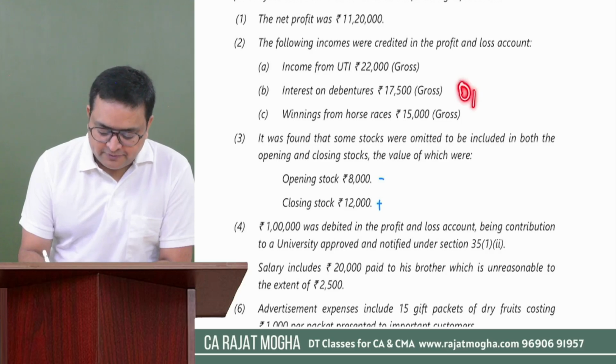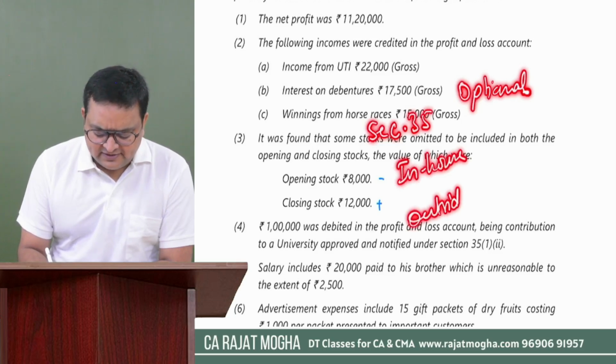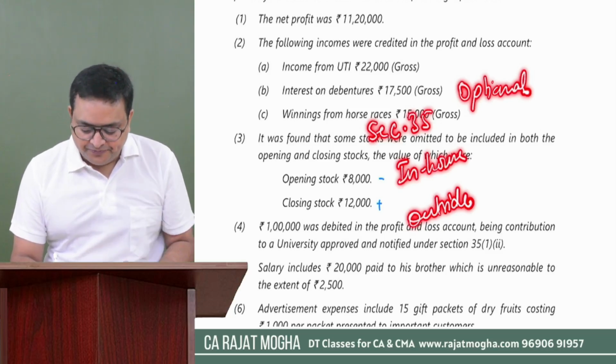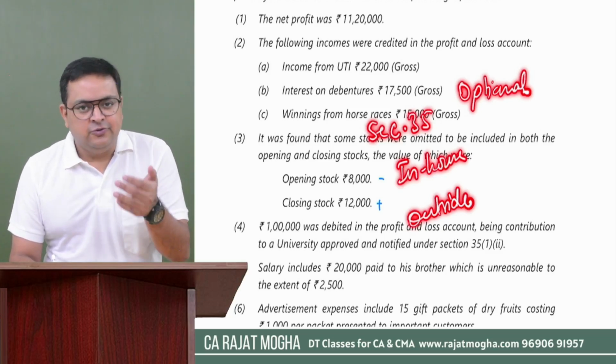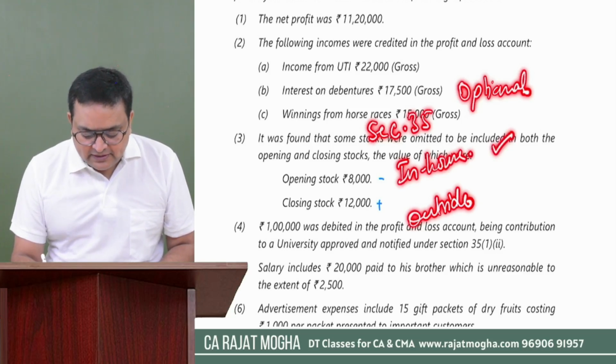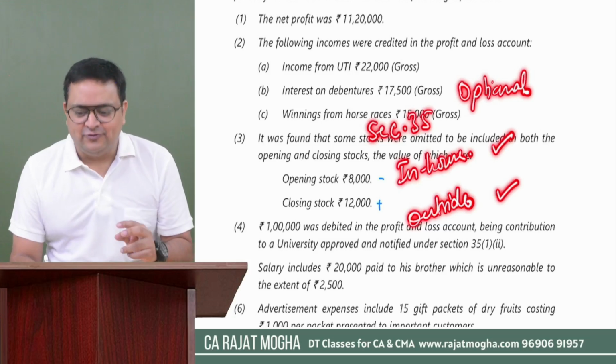So we understand that under section 35 we have two kinds of research. One is in-house and the second is outside research. Outside research is a contribution to approved universities or institutions, etc. In-house research is what you do for your business. In the optional tax regime, both types of research are allowed, whether in-house or outside.